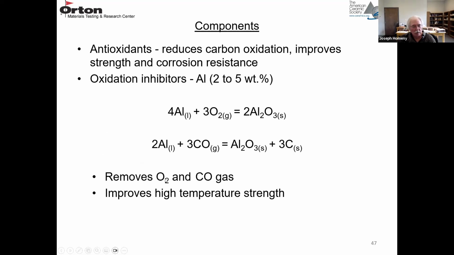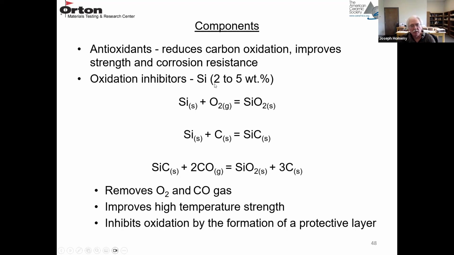So it's removing oxygen and carbon monoxide, and it's forming alumina and carbon in the pores. So that formation of these compounds improves the strength and corrosion resistance and decreases the porosity. So you're removing O2 and CO gas, and you're improving the strength.